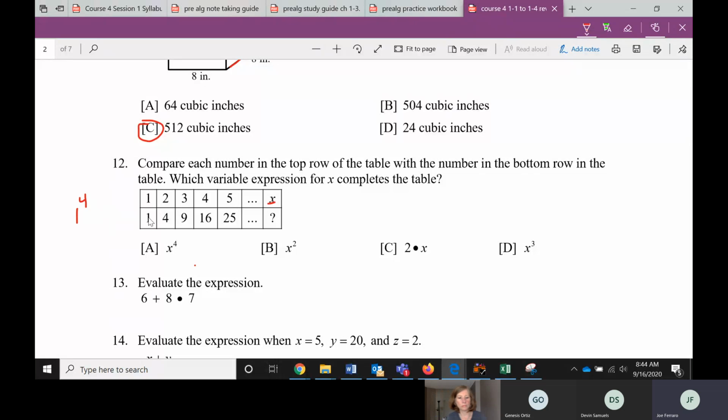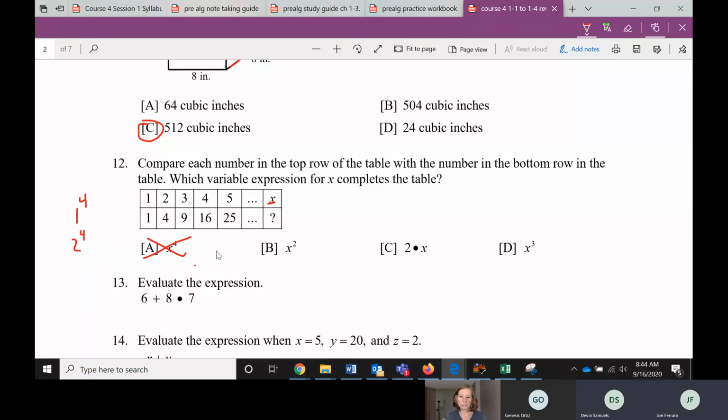So that would work for the first one. But then once you take 2 to the fourth, and that says it should equal 4. Well, 2 times 2 is 4, and then times 2 is 8, and then times 2 again is 16. So this would give you 16 when x is 2, so that does not work.